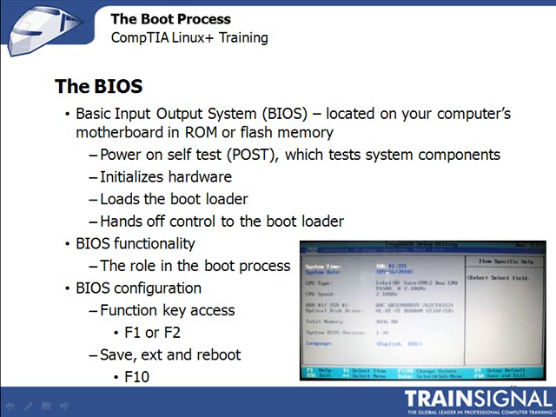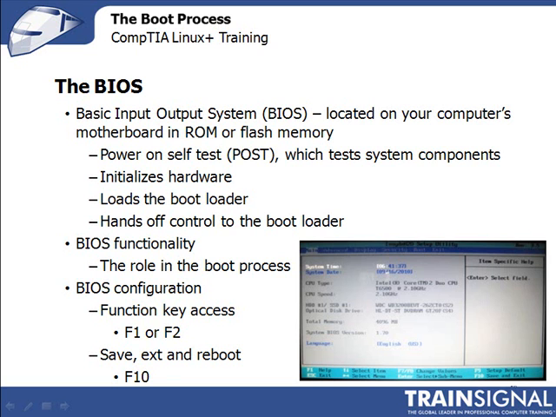Now, depending on your hardware, how you change these settings will be different, but on-screen prompts and help will guide you through the process. You have to hit another function key, typically F10, to save your changes, exit, and reboot your system. After the BIOS performs its tasks, it can confidently hand off control to someone else.